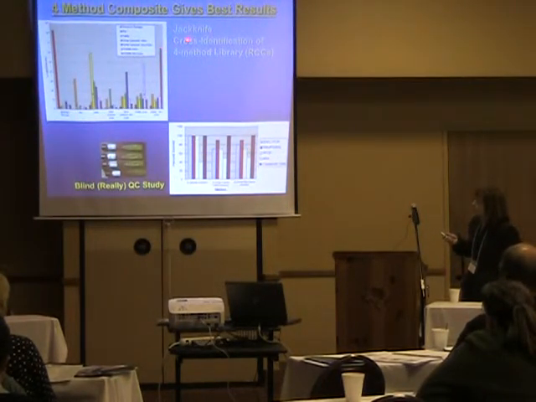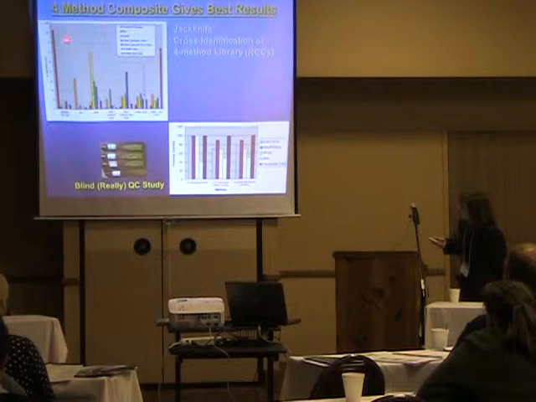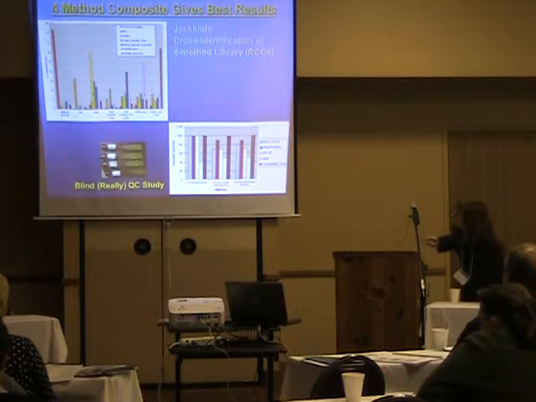When we looked at the jackknife or the cross-identifications using the four-method composite, if you see here, for example, this is human, so your rate of correct classification over there is like 83%.